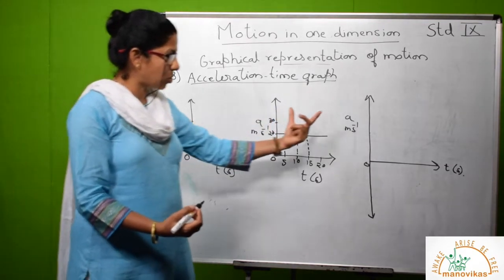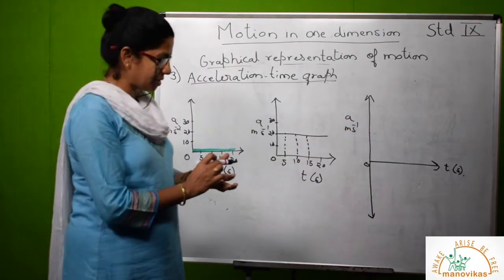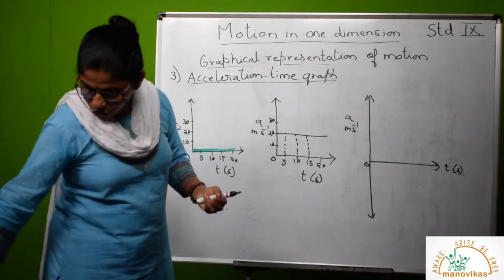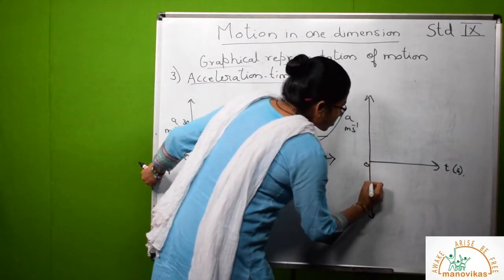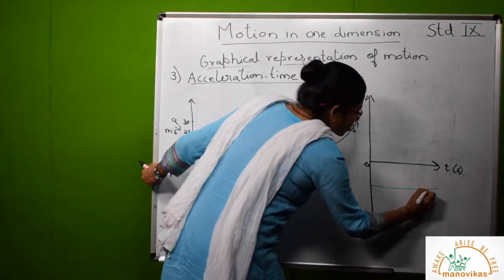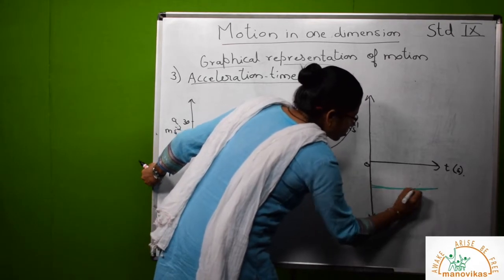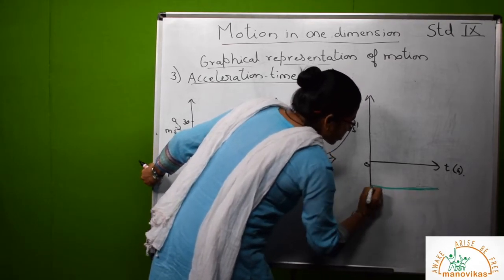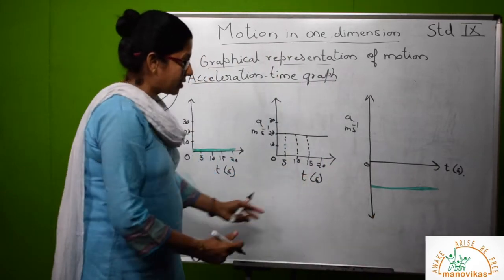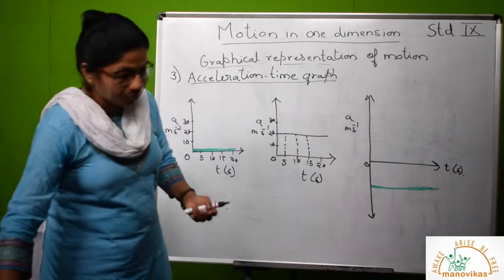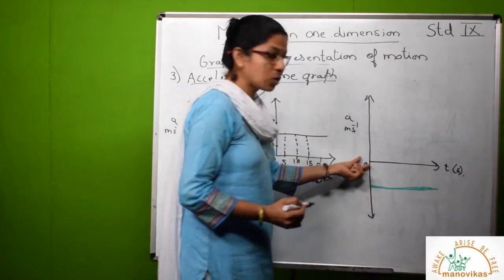And the third type of acceleration time graph is wherein I show a line like this which is below the 0 mark.